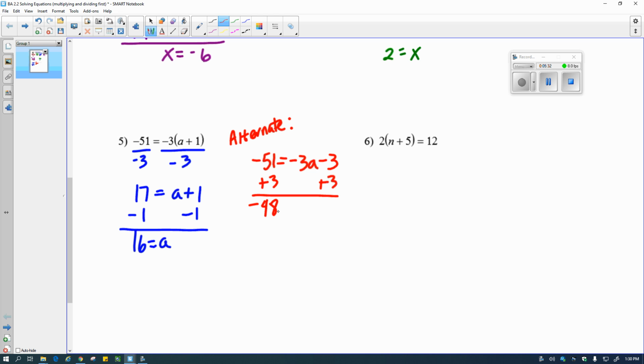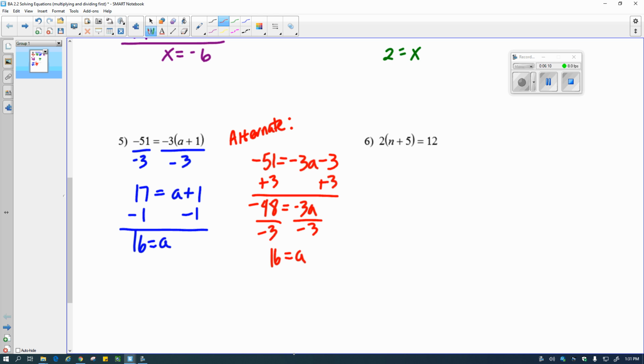That would be -48 equals -3a, divide by -3, and I should end up with 16 equals a again. That's a fine way to do it, by distributing first instead of undoing the division. The problem is that that method won't work when we get into solving absolute value equations, which is going to come soon, towards the end of this unit. So yes, you can do that, but there's a time when that method won't work.